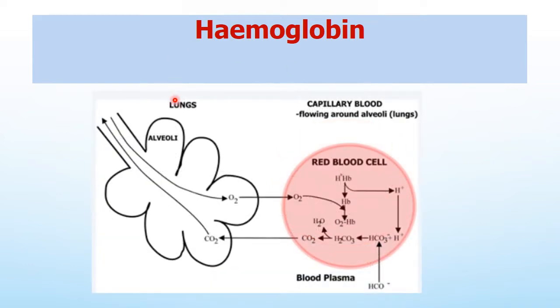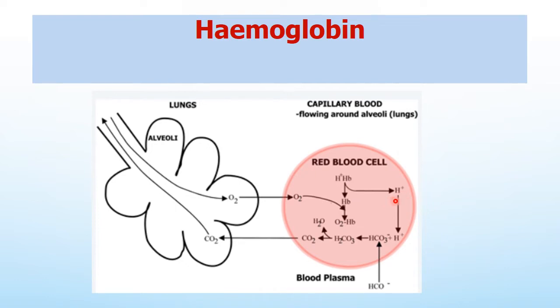At the lung level, where inspiration is taking place and the oxygen is entering the lungs, and the blood is coming from the tissues to the lungs, in the RBC there is the reduced hemoglobin. This oxygen that is coming from the lungs diffuses into the RBC and forms oxygenated hemoglobin, hence releasing the hydrogen ion.